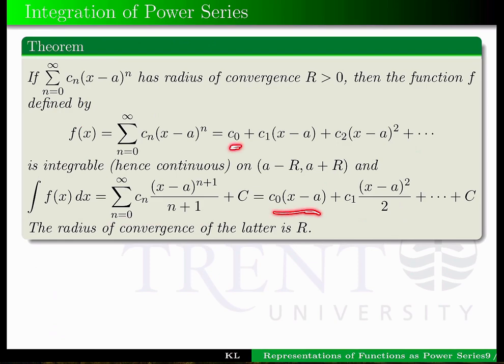You can write it as c sub 0 times x minus a, so you retain the center. You integrate c1 times x minus a, that will become c1 times x minus a squared over 2. You integrate this one, this will become c2 times x minus a cubed over 3. And so on and so forth.